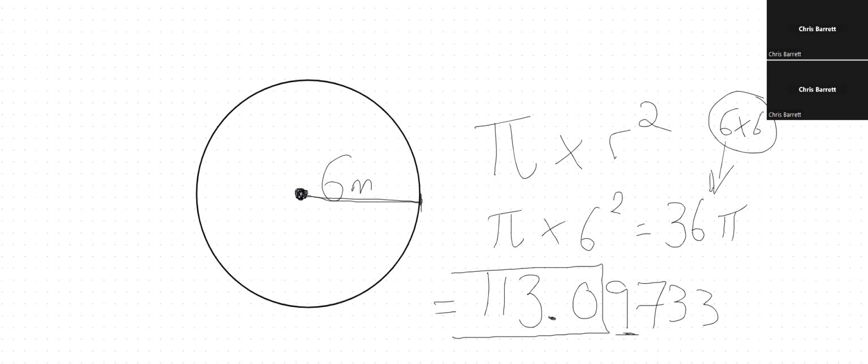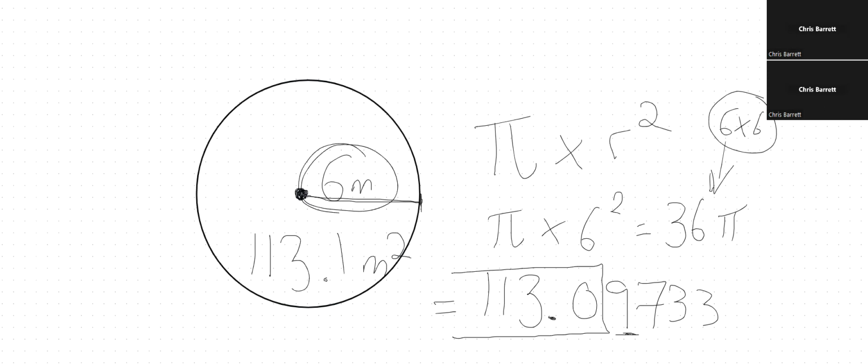So my area is then 113.1 meters and then squared because we're dealing with area. So that's how you find the area of a circle when you've got a radius. It doesn't matter if this number is a whole number or a decimal. The process is always the same. Pi multiplied by the radius squared, and then you go through.